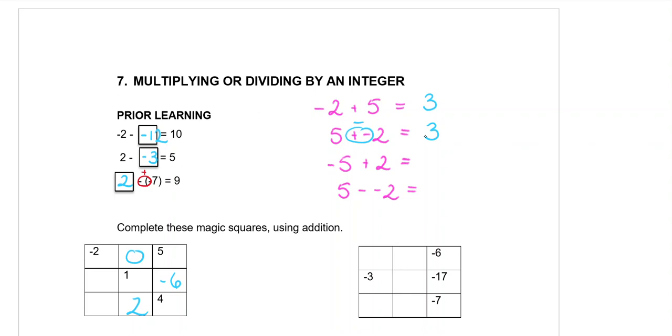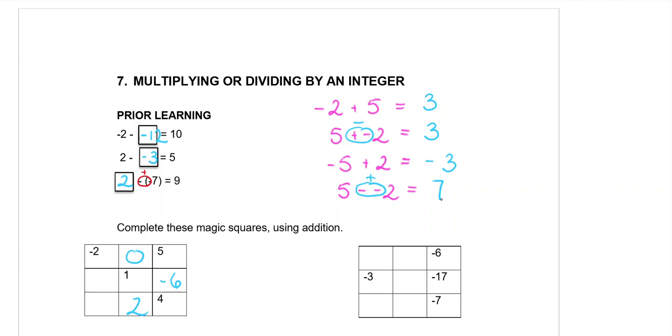We're starting at -5 on our number line, way down here, and I want to add 2, which means jump up 2, and I am at -3. And finally, the last one, the 2 minuses next to each other make a plus, and 5 plus 2 makes 7.